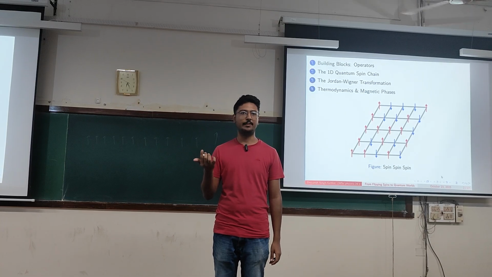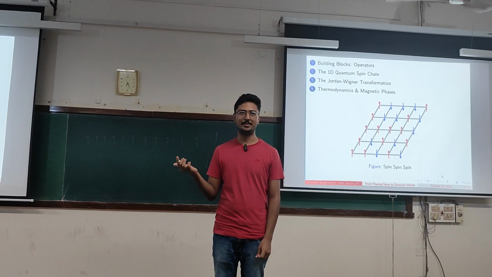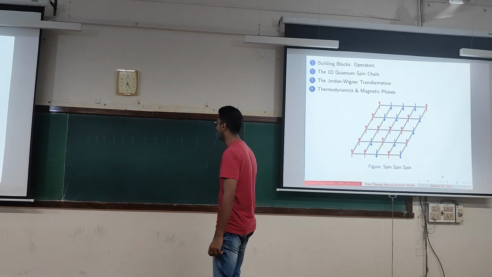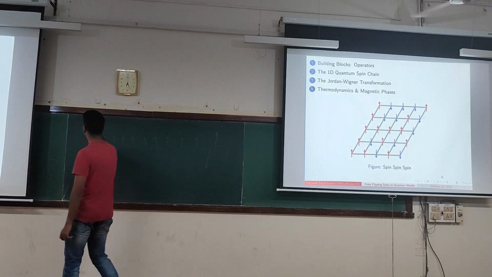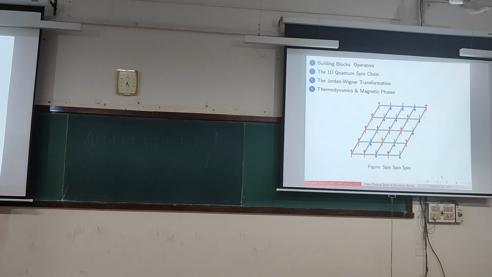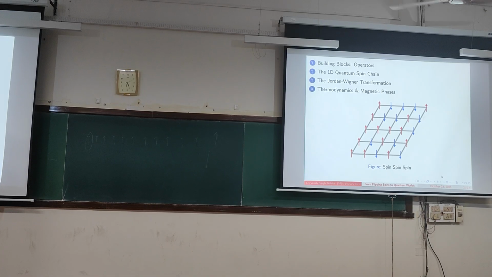If there are no free electrons, we are not talking about magnetism here. So we are talking about electrons which can have spin up and down. All these are lattice sites. This is a 2D map: spin up, spin down, spin up, spin down. It is all random at this point.